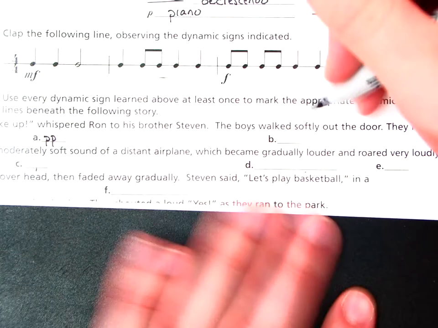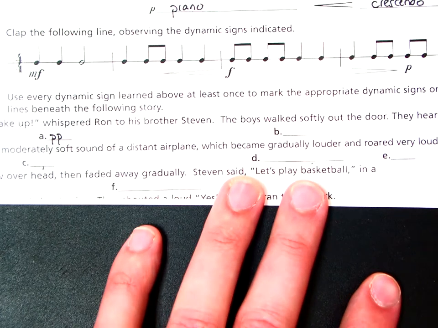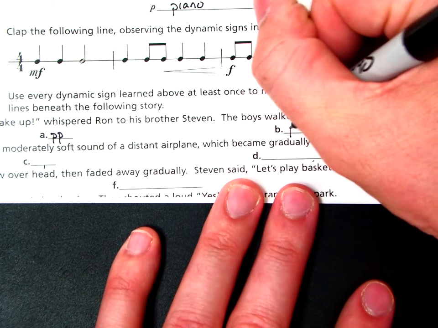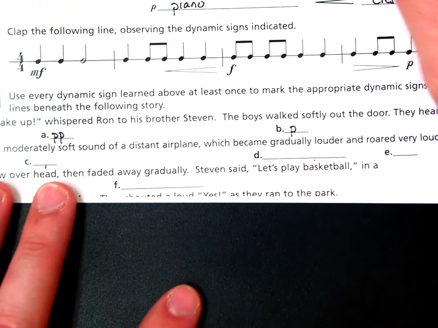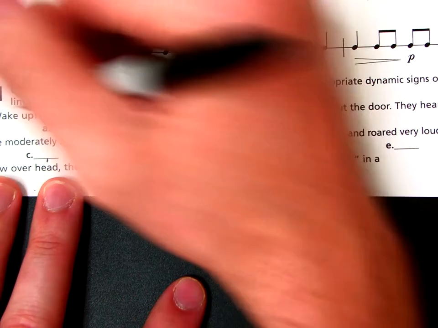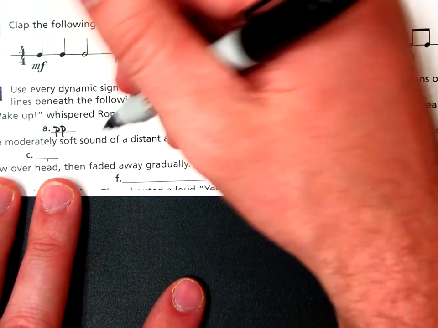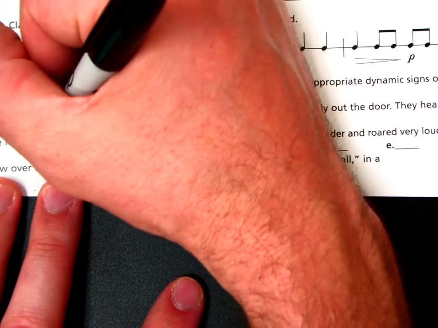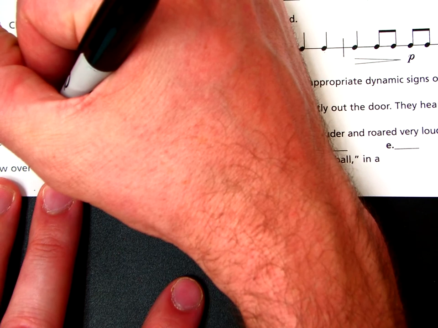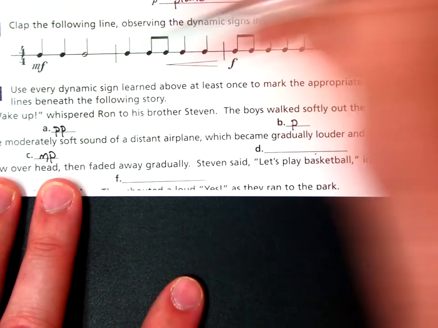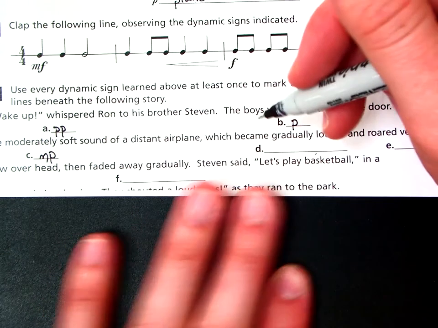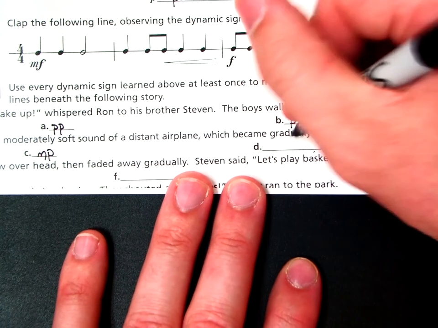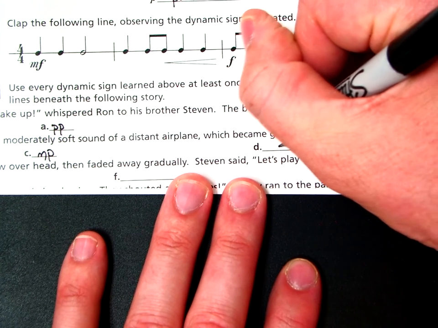Whispered. The boys walked softly out the door. So softly, we know that soft is piano, so we can put that there. They heard the moderately soft, right? Moderately soft sound of a distant airplane. So MP, moderately soft, mezzo piano, which became gradually louder, right? That's a crescendo, and we would use the sign here, gradually louder.